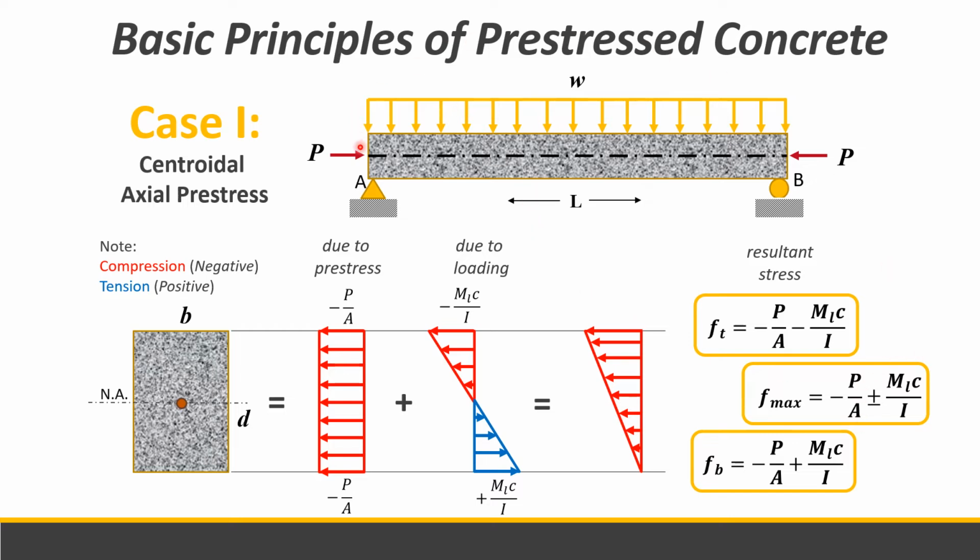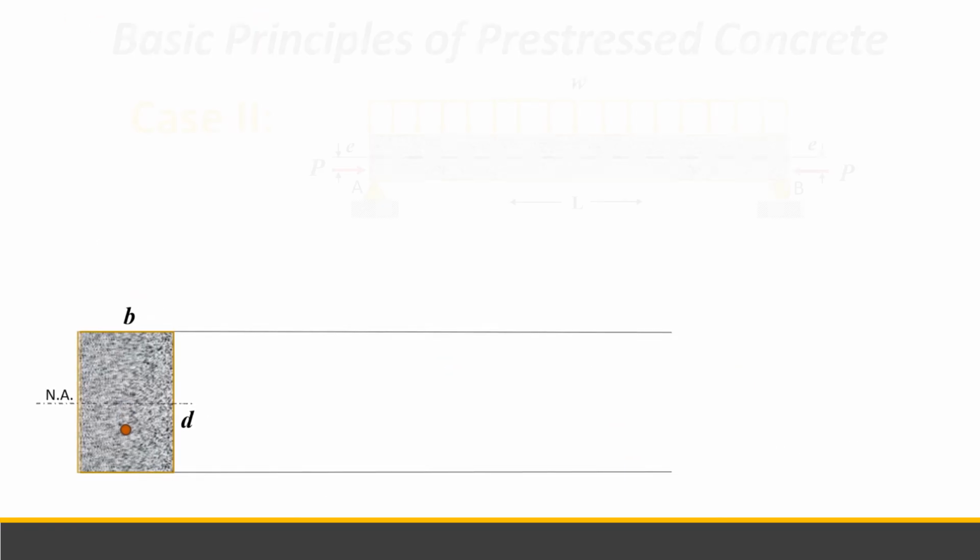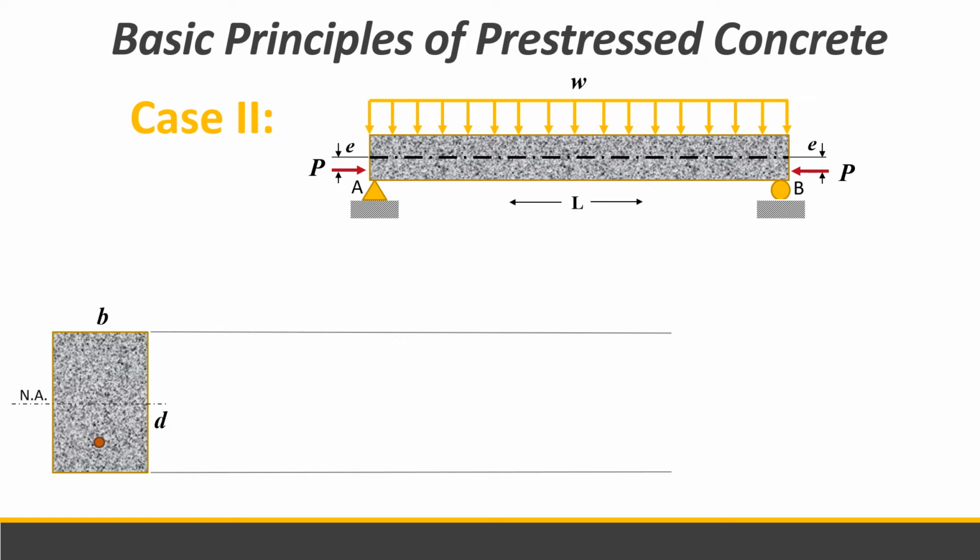Okay, so this is the case of centroidal axial pre-stress. Now, in case 2, the pre-stressing force is at an eccentricity. Meaning it is not at the centroid, but somewhere at a distance E below the neutral axis. That is for a simply supported beam.